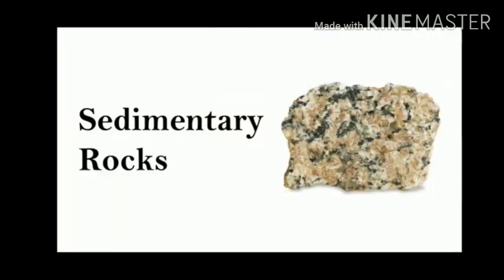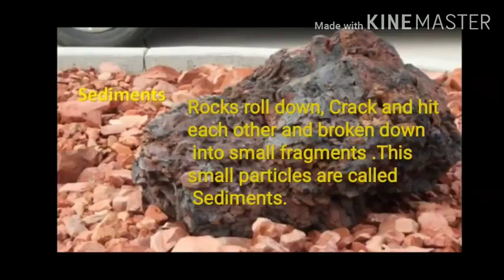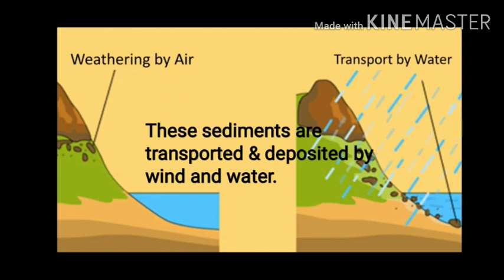Now we see the next rock, that is sedimentary rock. Rocks roll down, crack and hit each other and are broken down into small fragments. These small particles are called sediments. These sediments are transported and deposited by wind and water.